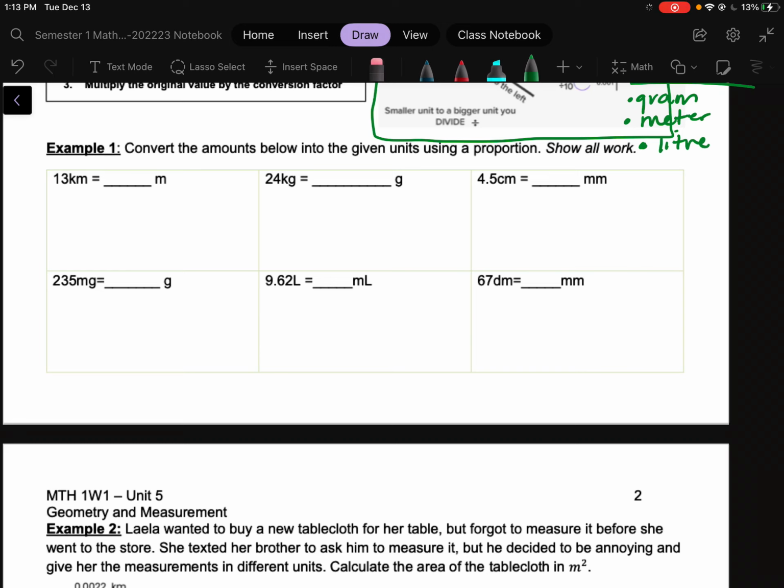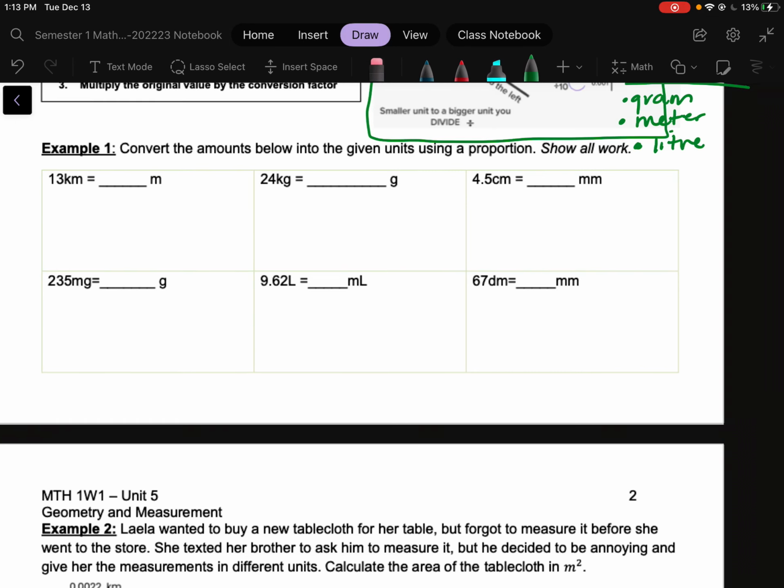I know this can be really confusing, but we're going to do conversions using proportion. The first thing we're going to look at is 13 kilometers into meters. What we know is that 1 kilometer is in proportion to 1,000 meters. So we take the 13 kilometers and multiply by 1,000 meters, then divide by 1 kilometer.